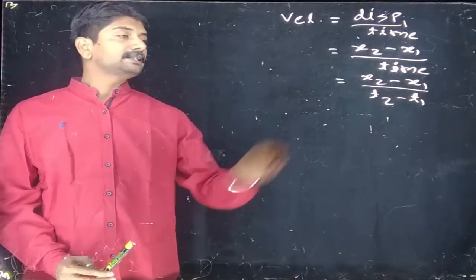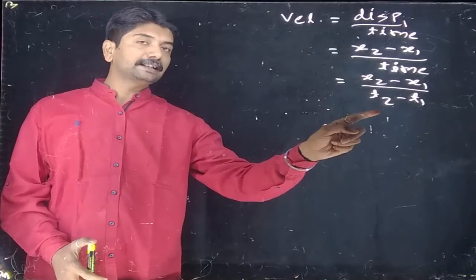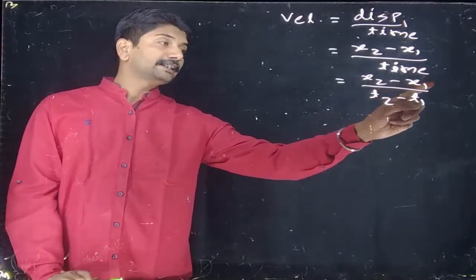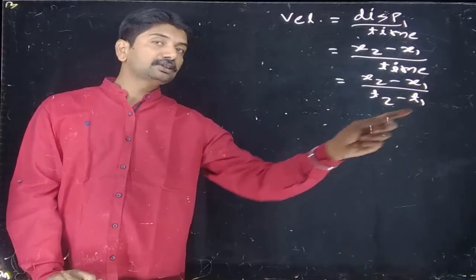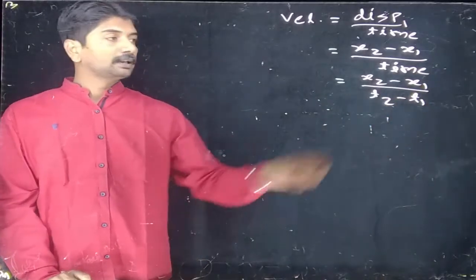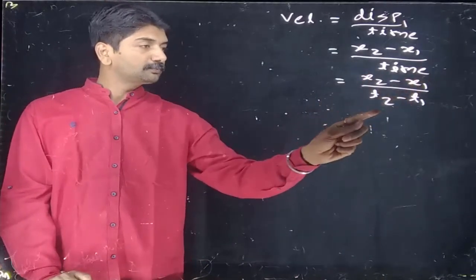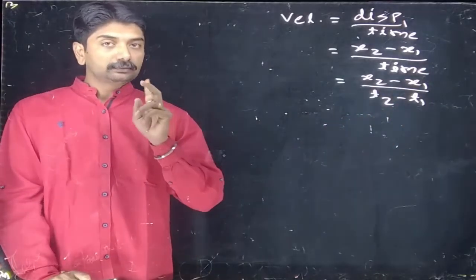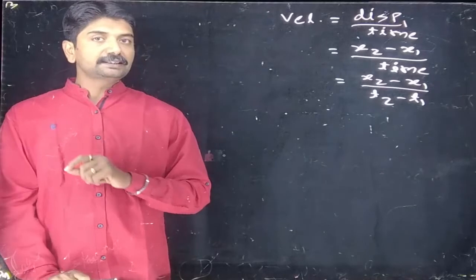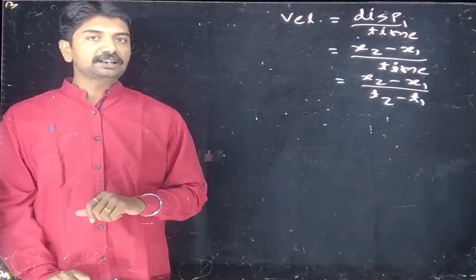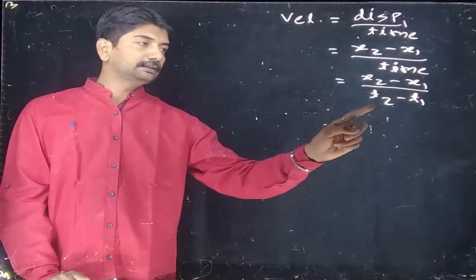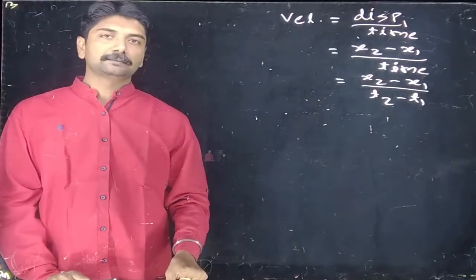The object is at x2 position at time instant t2. The object is at x1 position at time instant t1. Change in position with respect to change in time. We are talking about instantaneous velocity, instantaneous speed. But whenever we want to find out the velocity, I need two instants.